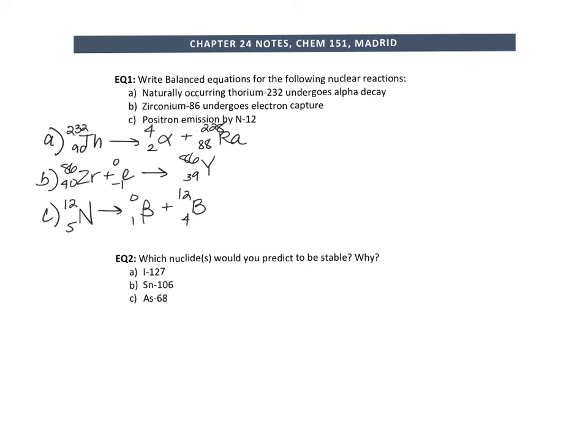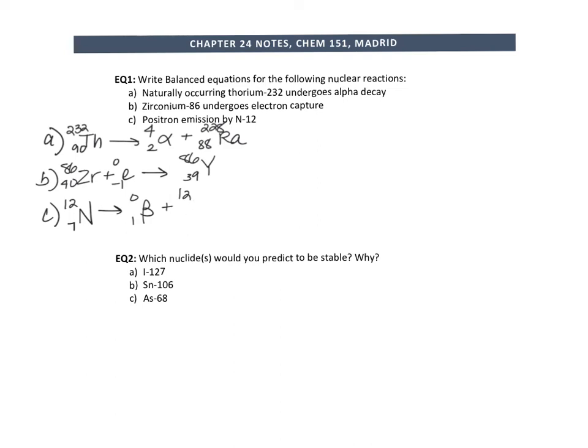And then last, part C, positron emission by N-12. Nitrogen has, not 5, it's always good to double check these, nitrogen has 7 protons. So this is going to change the identity of our element.